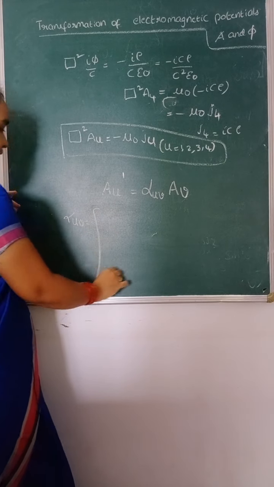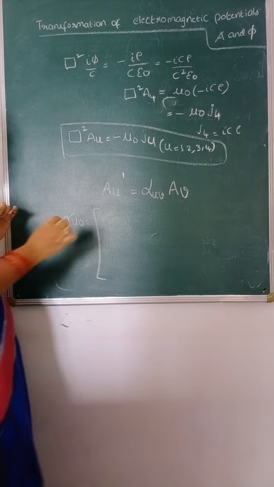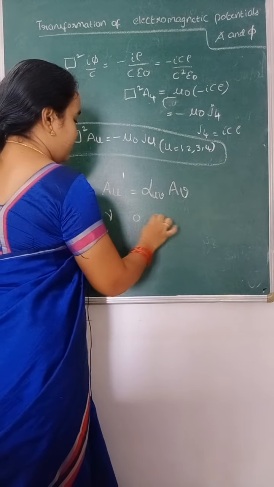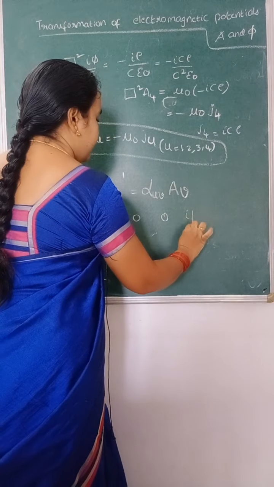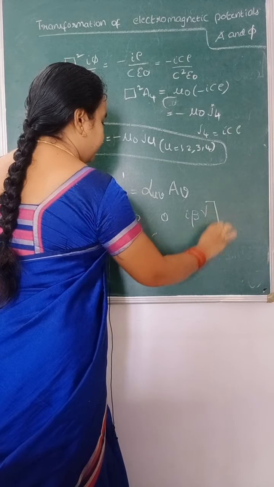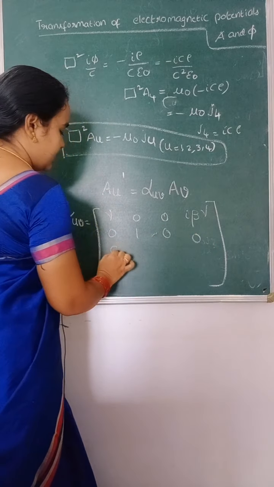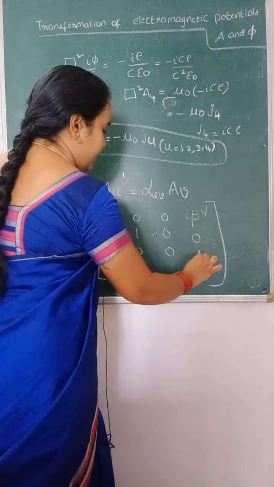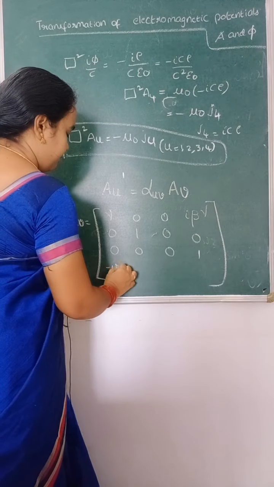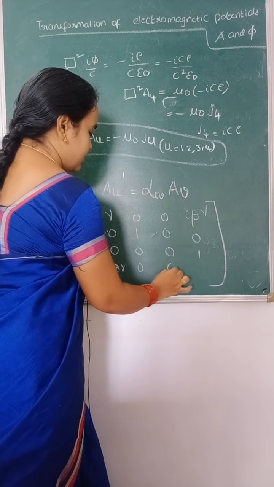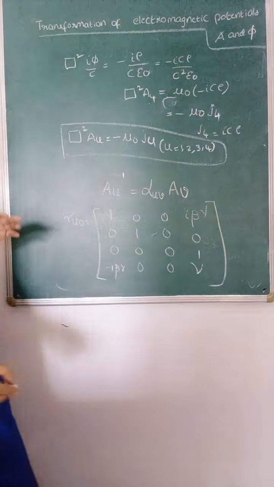We can write it as the matrix with rows: gamma, 0, 0, i beta gamma; 0, 1, 0, 0; 0, 0, 1, 0; minus i beta gamma, 0, 0, gamma. So this is the fixed one.